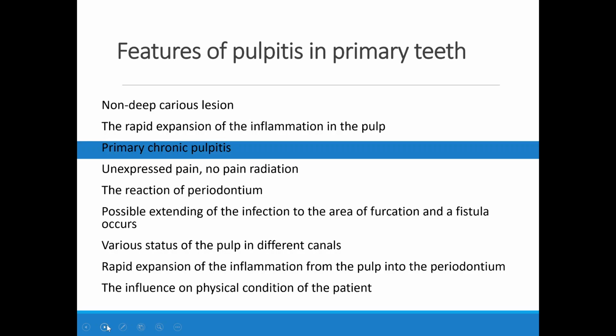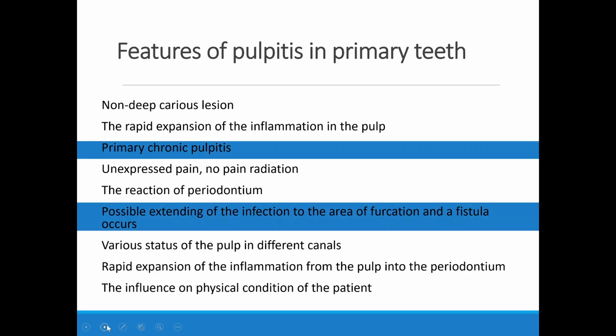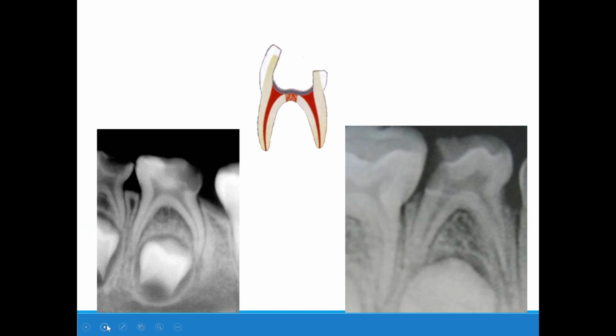So, the most important things that we should remember about clinical features of pulpitis in primary teeth, that the most prevalent pulpitis in primary teeth is primary chronic pulpitis, and possible extending of the infection to the area of furcation and a fistula occurs.